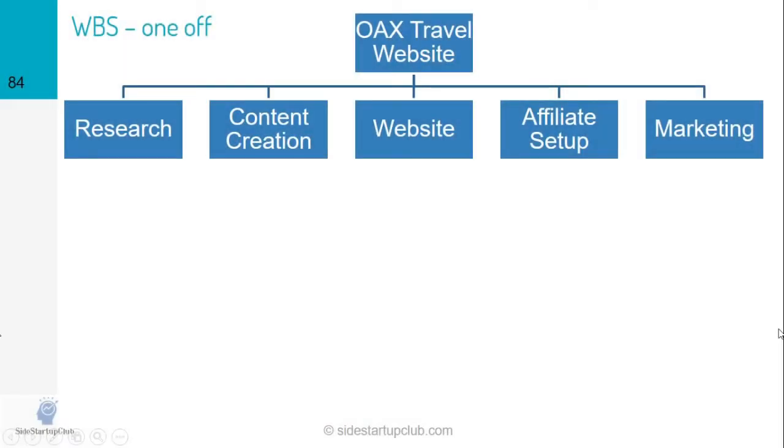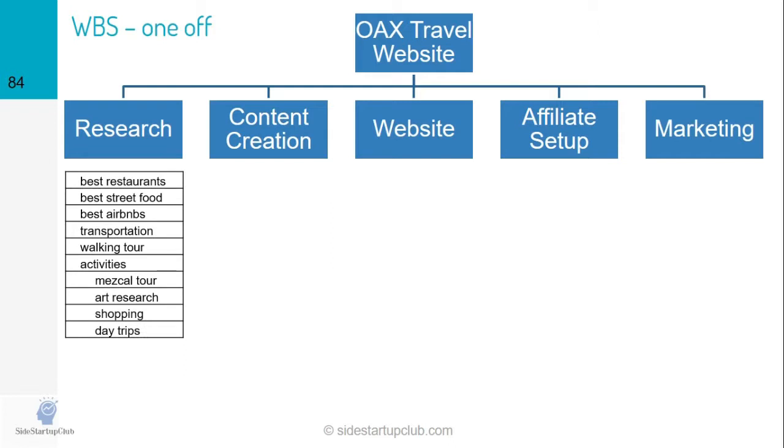So here are the mini deliverables behind building this company. We have to do the research, the content, the website, the affiliate setup, and the marketing. So now that I kind of have an overview of what goes into it, I took about 20 minutes or so to go and populate each one of these branches.